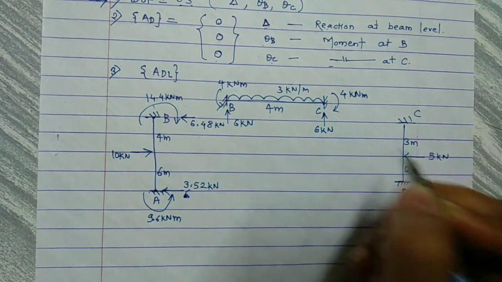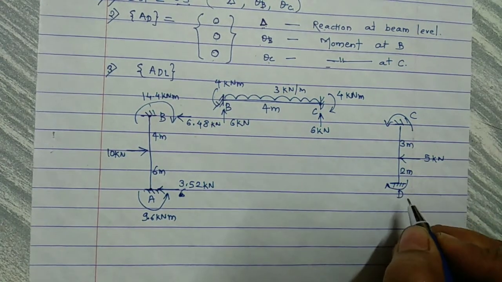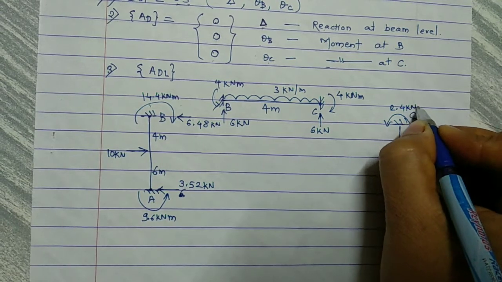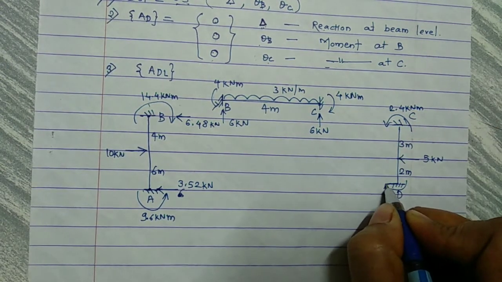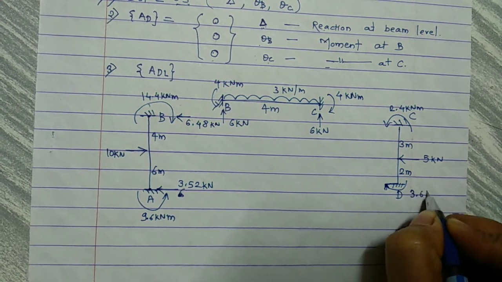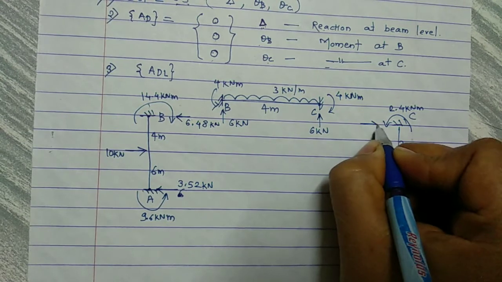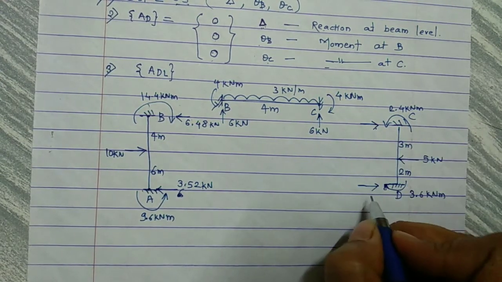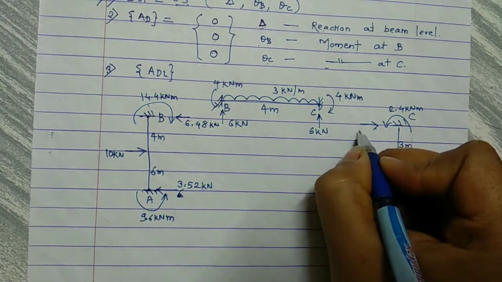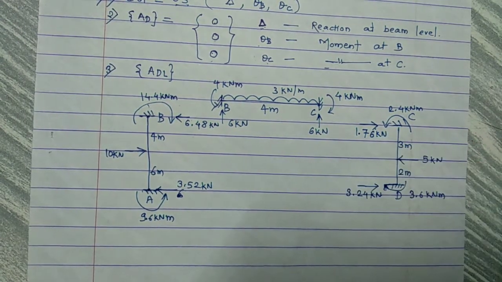Similarly calculate for member CD. Here the CD moment is 2.4 kilonewton meter anti-clockwise, and the DC clockwise moment is 3.6 kilonewton meter. The reactions here are 3.24 kilonewton and 1.76 kilonewton.